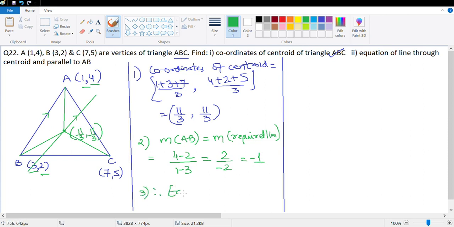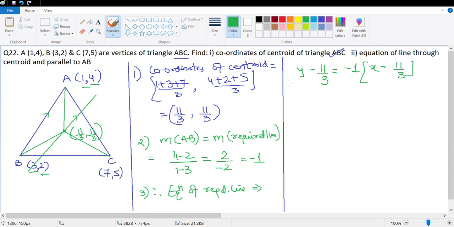Therefore, the equation of the required line is y minus y1. It's passing through (11/3, 11/3). So that's y minus y1 is equal to m, which we just calculated as -1, times x minus x1, and x1 is also 11 upon 3.